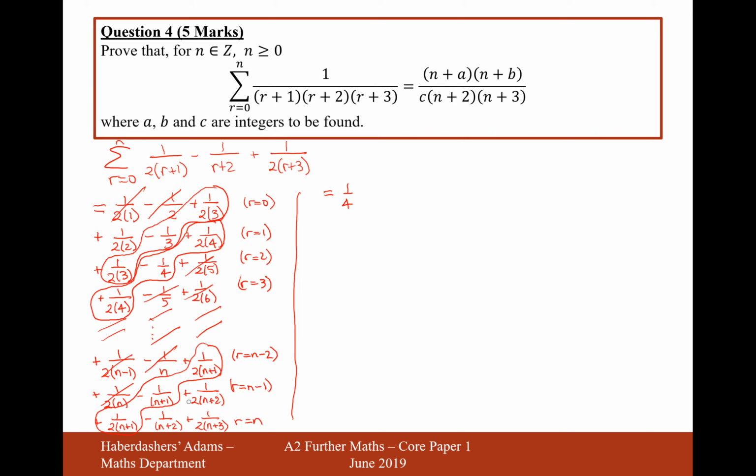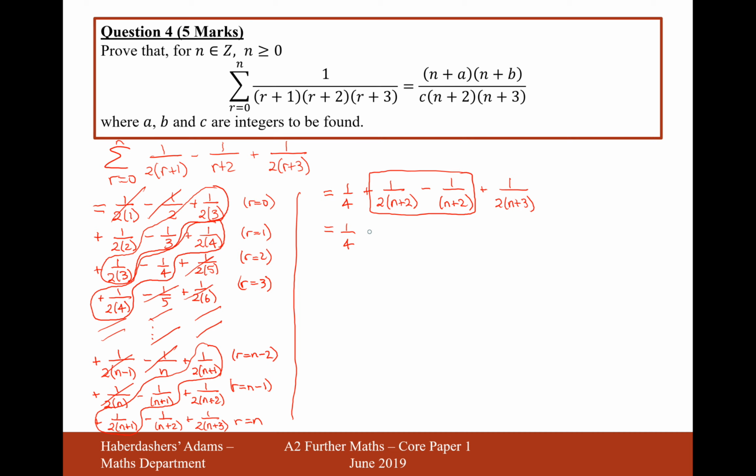And then it's going to be plus some stuff down here: plus 1 over 2(n+2) minus 1 over (n+2), plus 1 over 2(n+3). Now I can simplify these two middle bits for a starter, just to make life easier for ourselves.